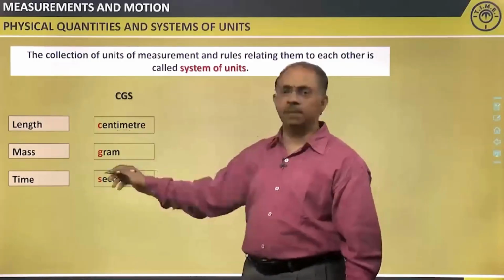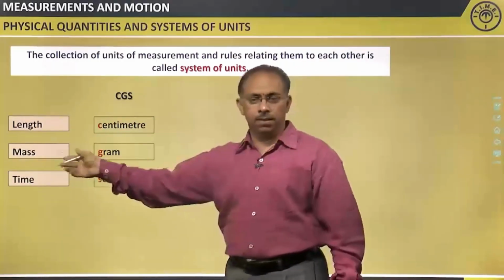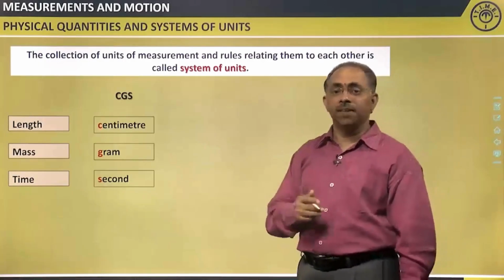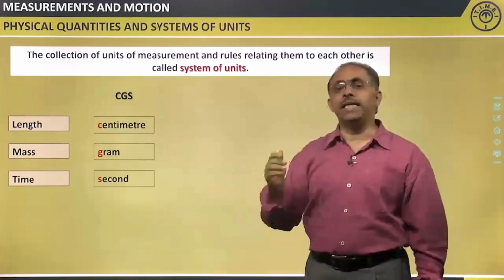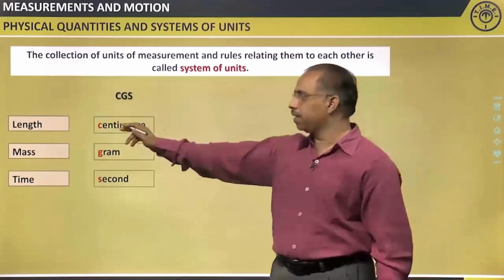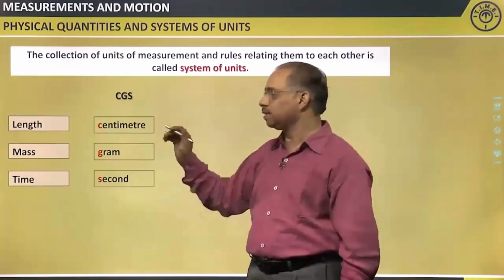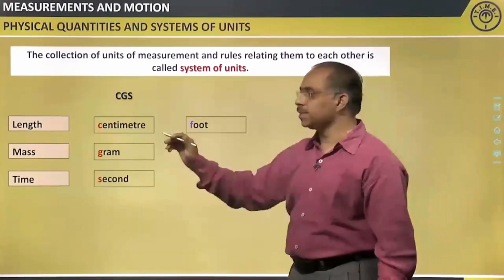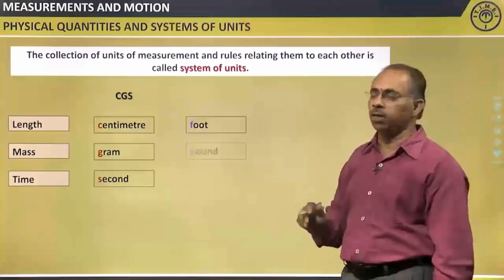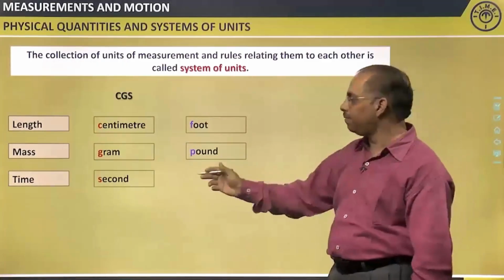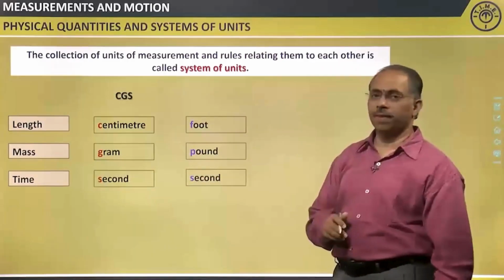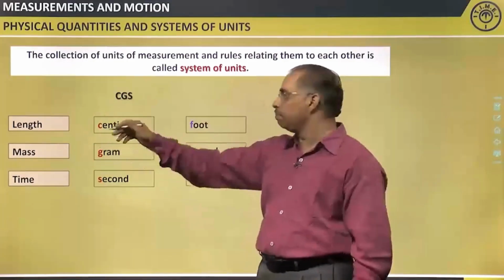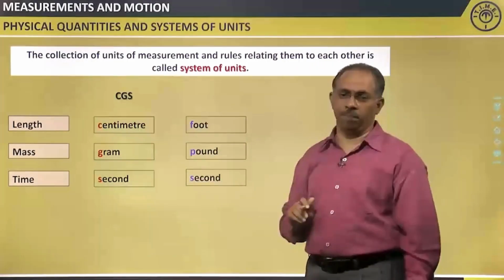This is one system of measurement where we take these fundamental physical quantities and these fundamental units. Now, if I use a different unit to measure length other than centimeter, like, for example, foot, and for mass I do not use gram but pound, and for time I use second, then for measuring speed I will use feet per second.